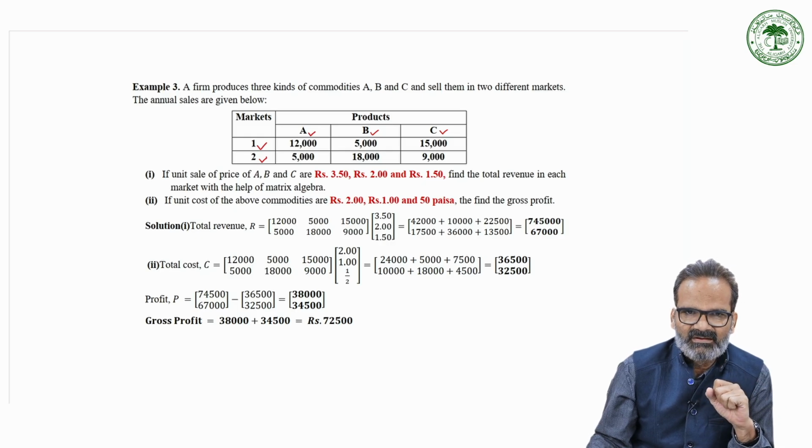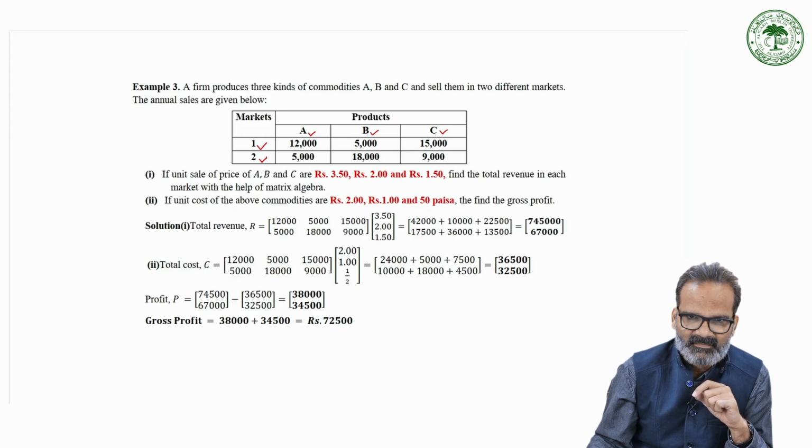What we have to calculate: point number 1, if unit sale prices of A, B and C are rupees 3.50, rupees 2 and rupees 1.50, then find the total revenue in each market with the help of matrix algebra.